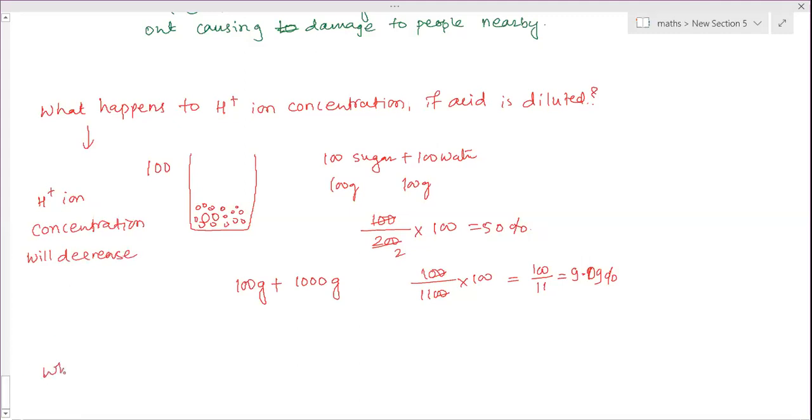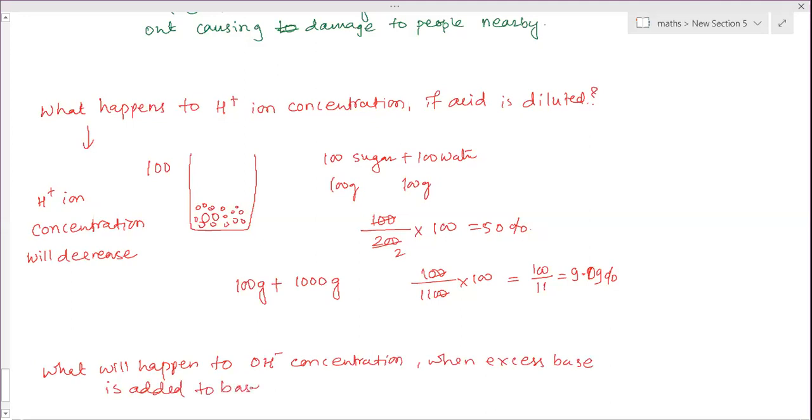And what will happen to the OH minus ion concentration when excess base is added to a base? What will happen in this case? Yes, Shubham?